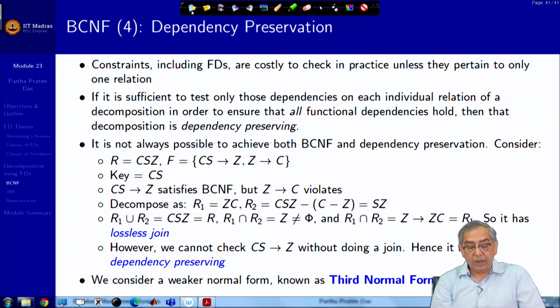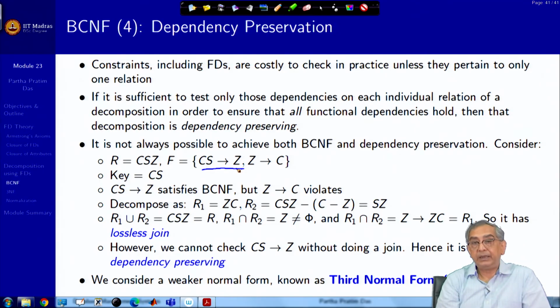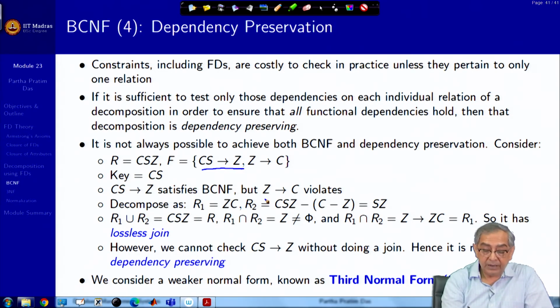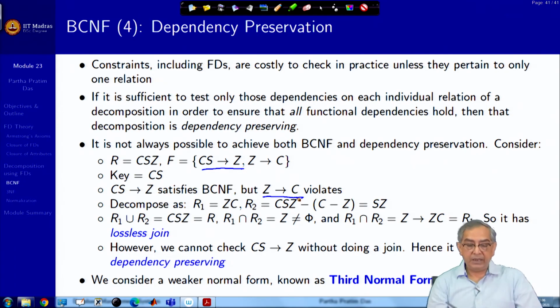Now, CS determines Z is in BCNF, but Z determines C violates it, because it is neither trivial nor is Z a key. So, what will we have to do?